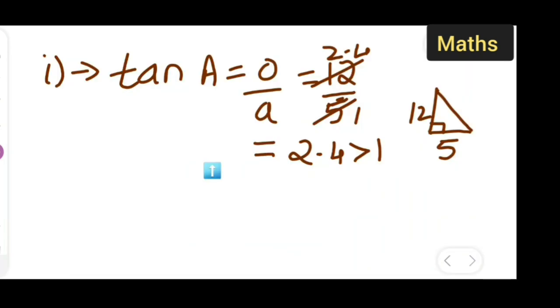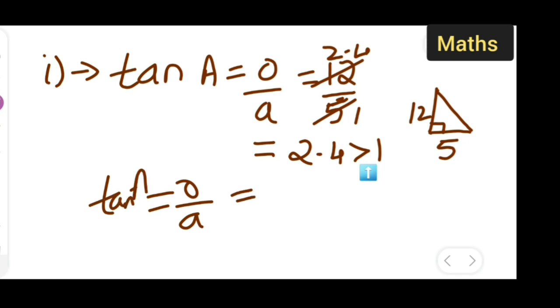But if we take this example, you all can see that 2.4 is greater than 1. If you take it the other way, suppose you take 5 upon 12, you will get approximately 0.4, so this will be less.